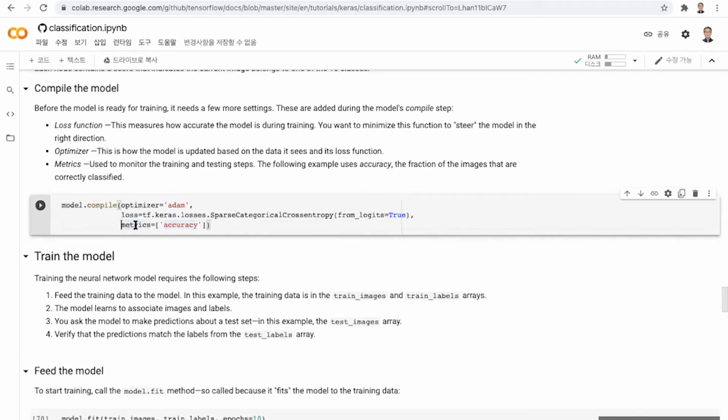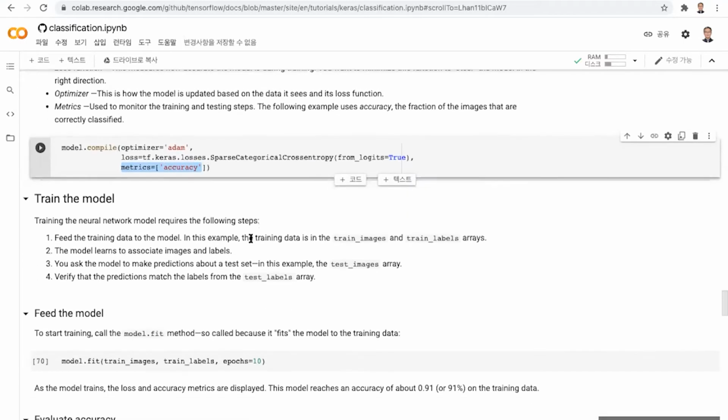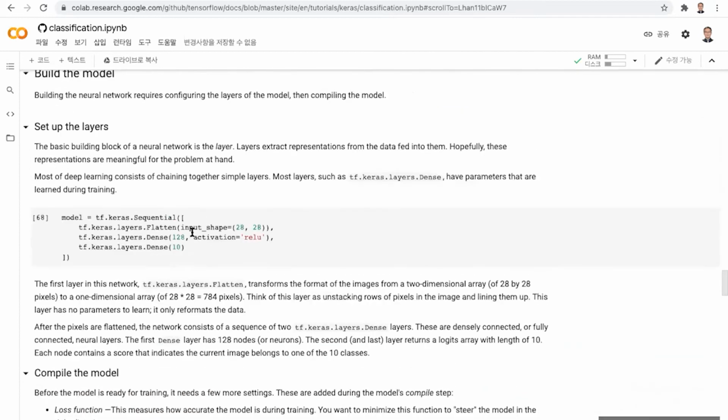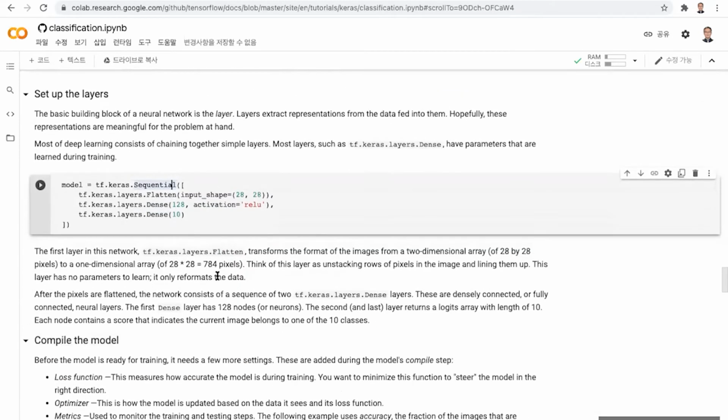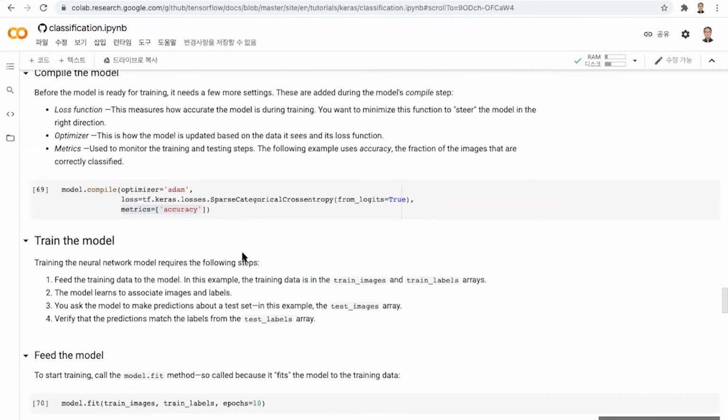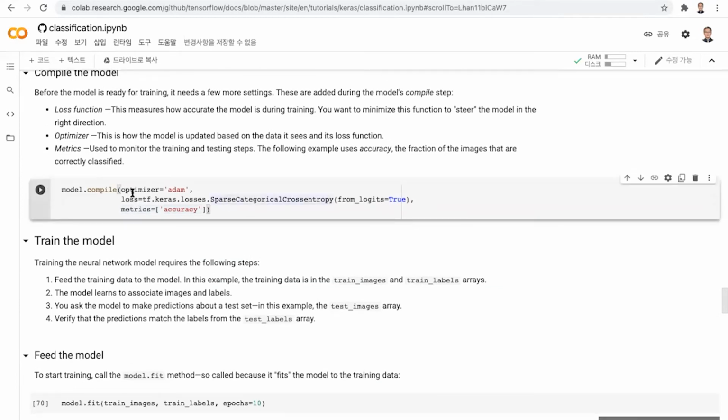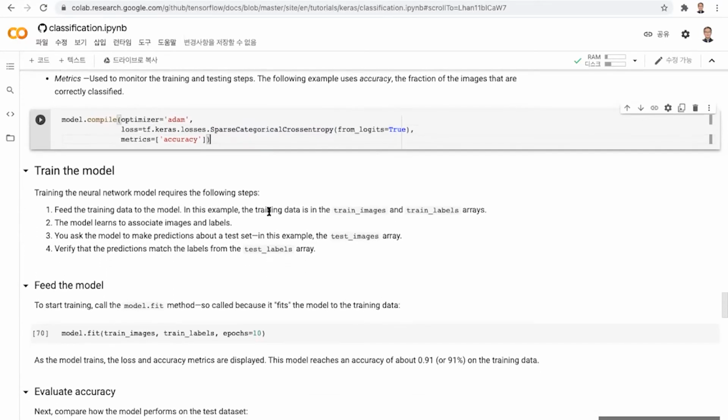So they add the metric here. We have our model, and then we provide the loss and the optimizer. Of course, we add the metric too. And then what is the last step?